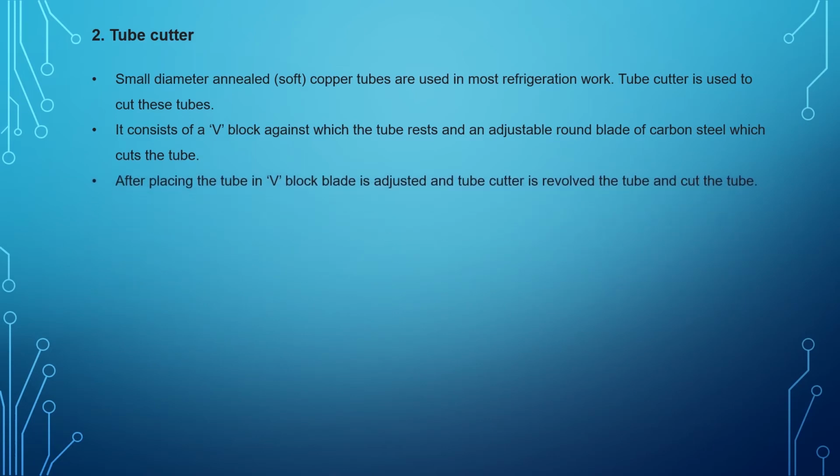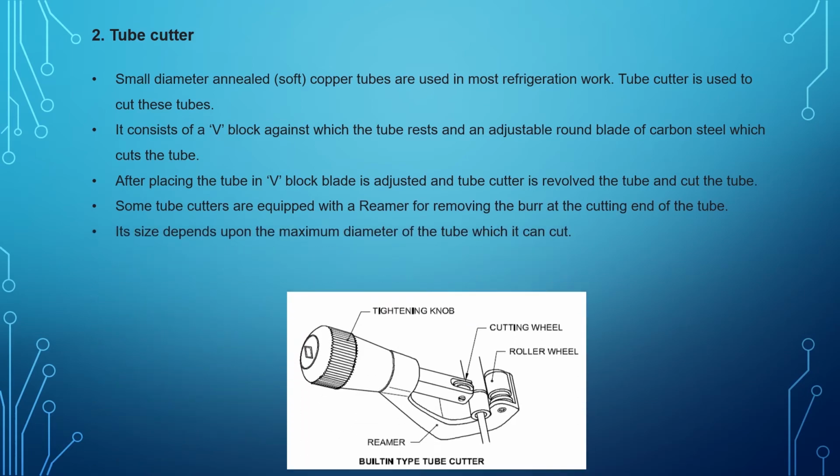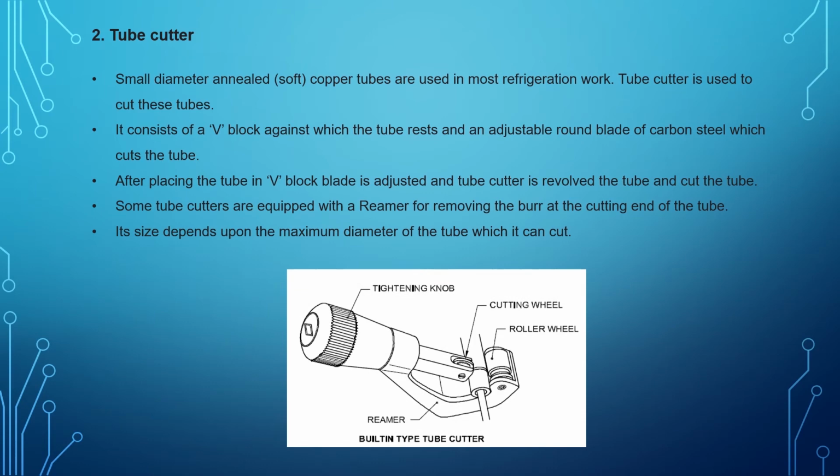After placing the tube in the V block, the blade is adjusted and the tube cutter is revolved around the tube to cut it. Some tube cutters are equipped with a reamer for removing the burr at the cutting end of the tube. Its size depends upon the maximum diameter of the tube which it can cut.